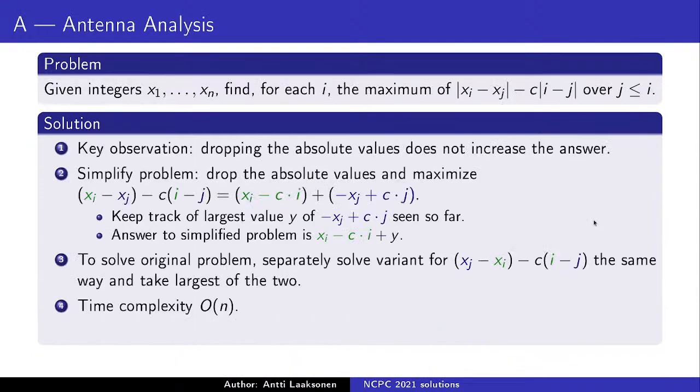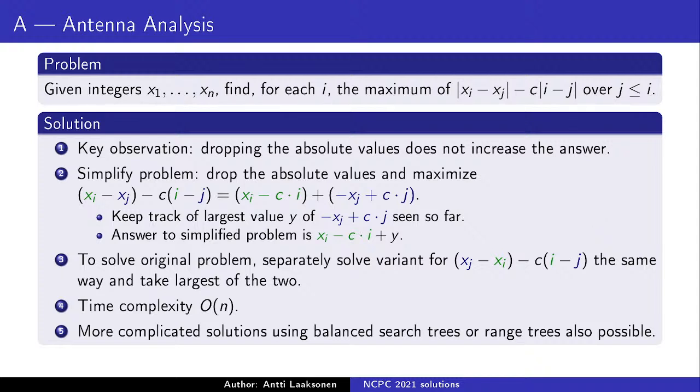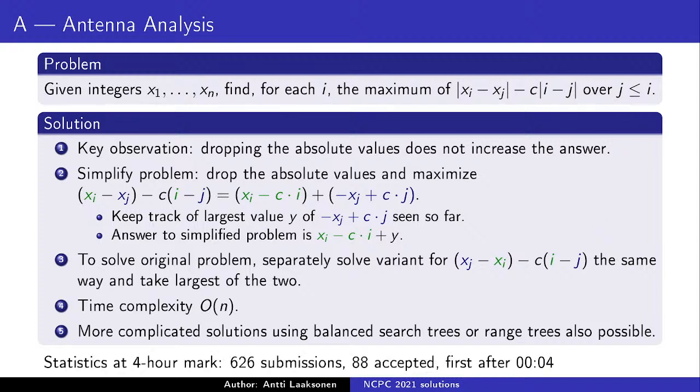Okay, so that was A, and because this very simple solution exists, it was solved very quickly, already after 4 minutes. But as I said, if you know this trick, it's very easy. If you don't know this trick, it's a bit harder. So there were not as many accepted solutions at the 4-hour mark for this one. 88 teams had solved it, and as you can see, there were a lot more incorrect submissions here.